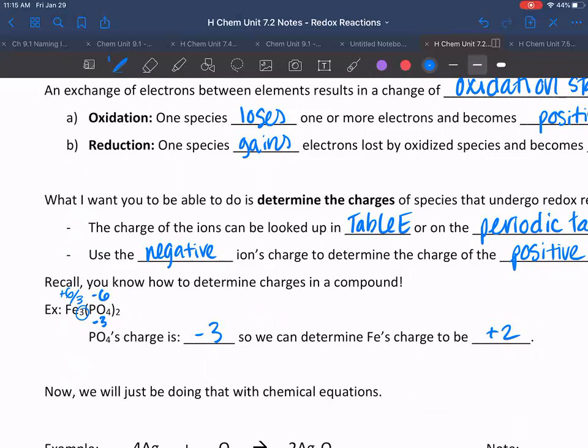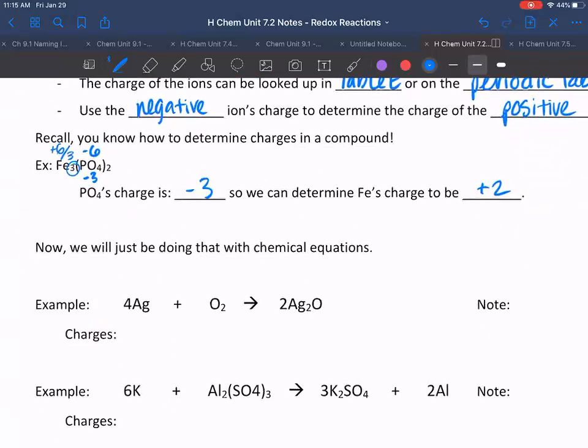We're going to be doing this with multiple species in chemical equations, so we'll start with our first example.